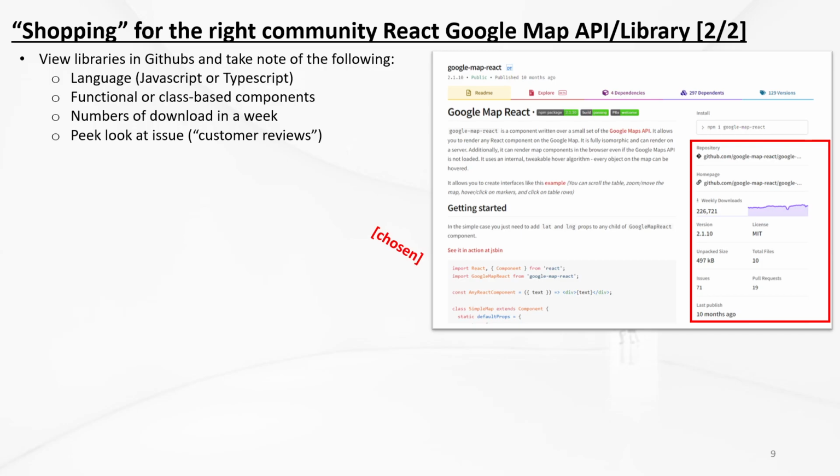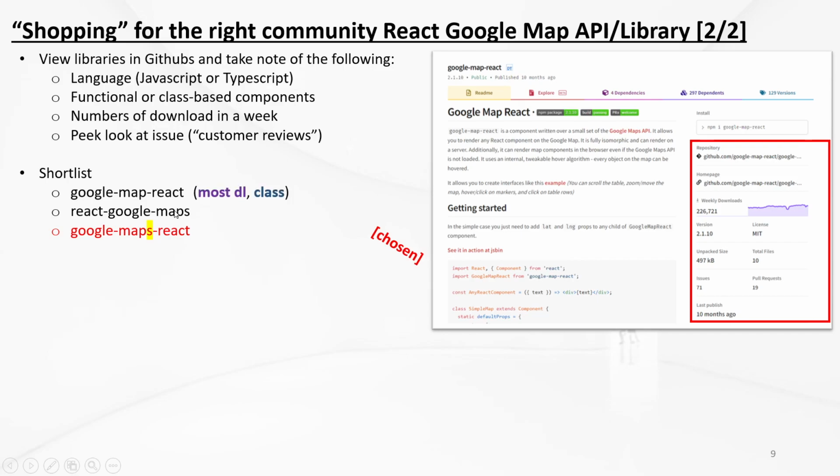And with all that in consideration, I have shortlisted 3 libraries, namely Google Map React, React Google Maps, and Google Maps React, which is similar in name to the first one but has an S. So for the first one, I realized that it has the most number of downloads, but it is class based, and for that reason I'm rejecting it.